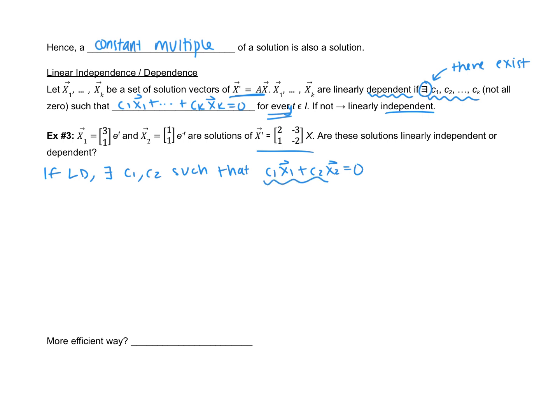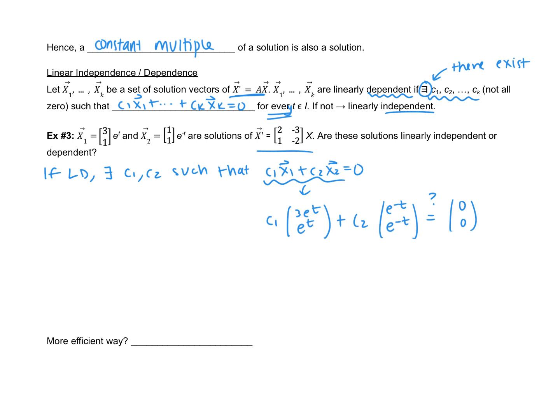Written out, that's c1 times 3 e to the t, 1 e to the t, add c2 multiplied by e to the negative t, e to the negative t, and we want to know, are we going to get 0, 0? Is there a c1 and a c2 that would make this equation true?